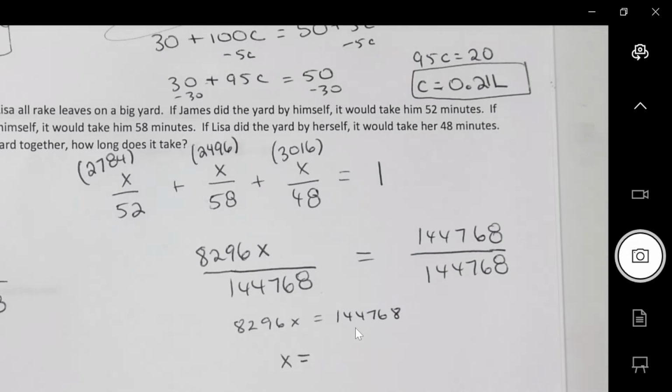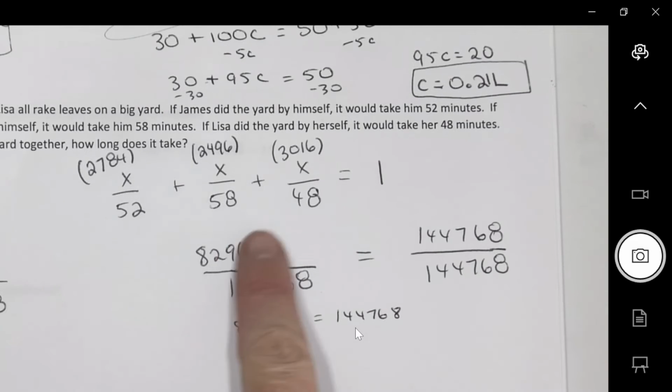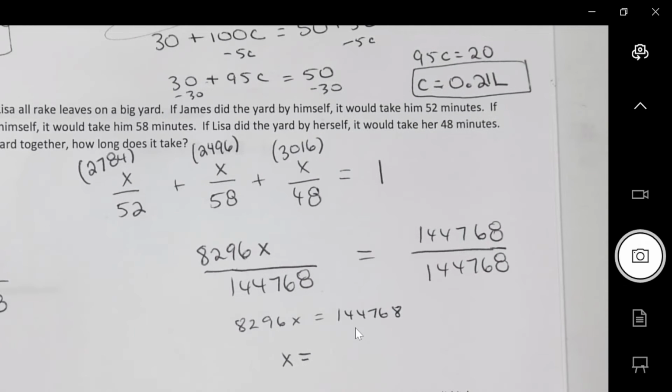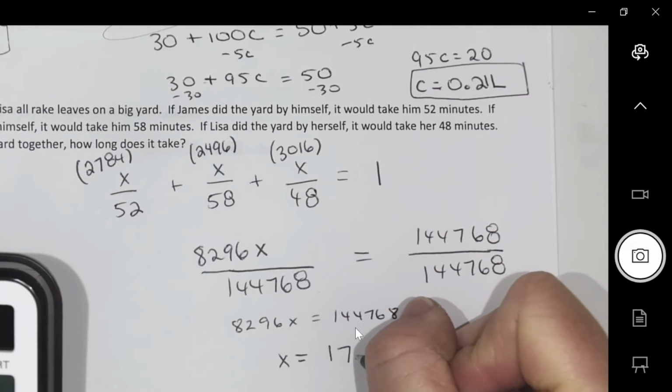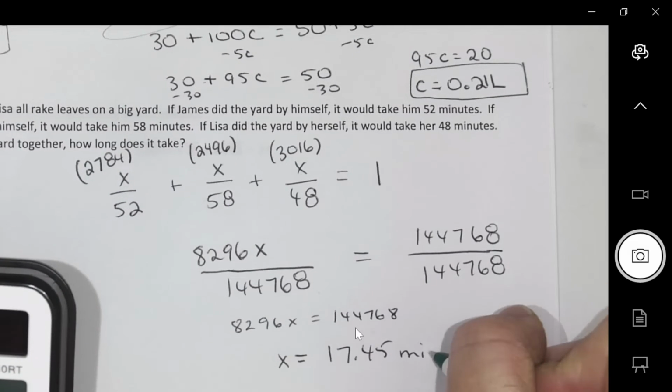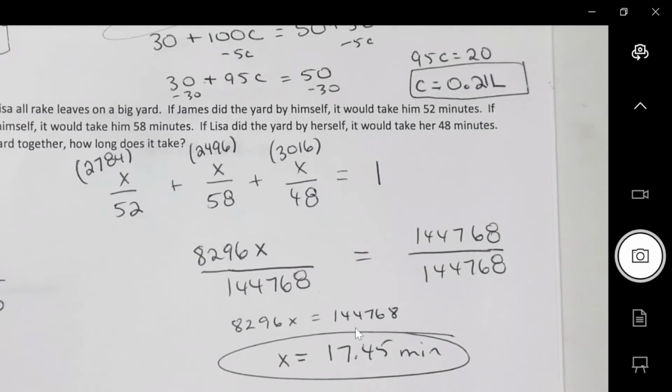Okay, so now at that point I'm dropping the denominator completely. So this has to equal that. I get 17.45 minutes when they all work together.